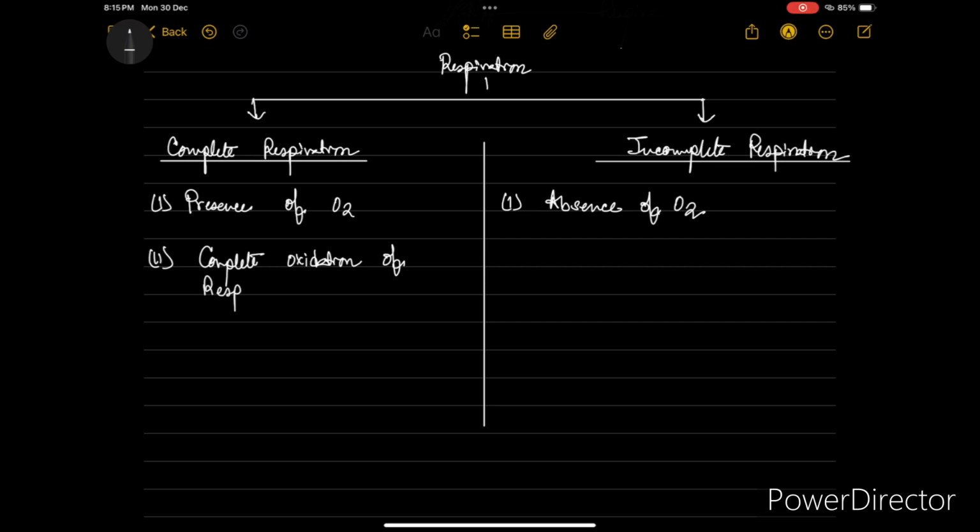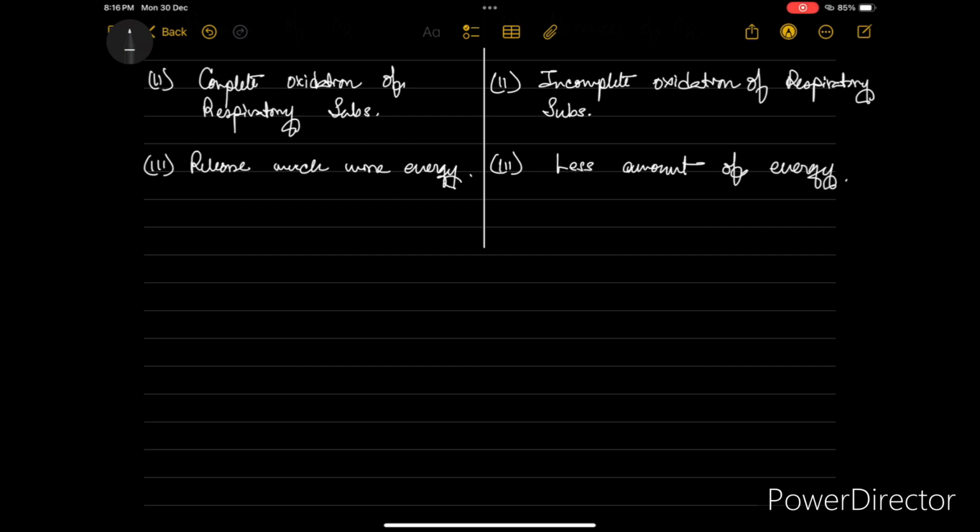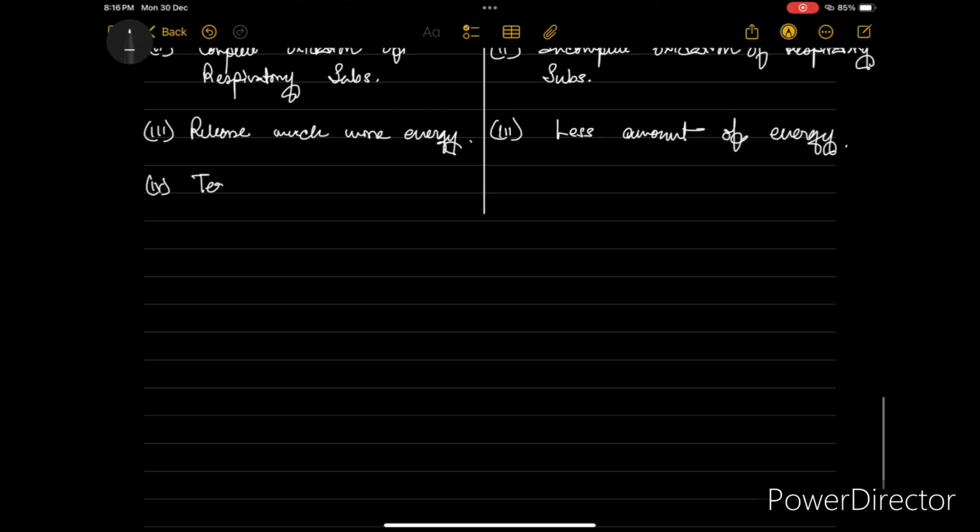In complete respiration, complete oxidation of the respiratory substrate takes place, whereas in incomplete respiration, as there is an absence of O2, the respiratory substrates are incompletely oxidized. Similarly, in complete oxidation, as the respiratory substrates are oxidized completely, the amount of released energy is much more compared to that of incomplete respiration.